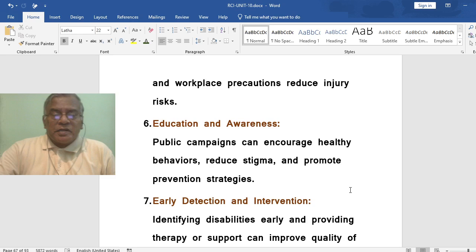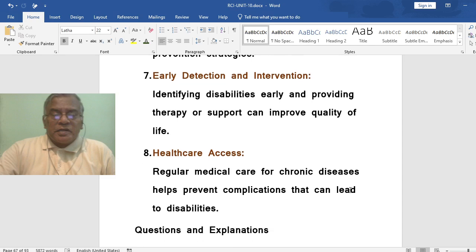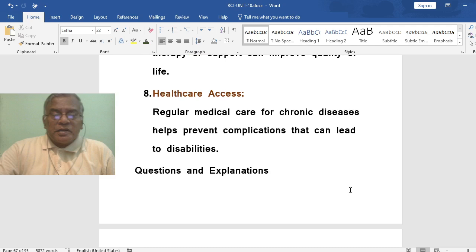Public campaigns can encourage healthy behaviors, reduce stigma, and promote prevention strategies. Then early detection and intervention. Identifying disabilities early and providing therapy or support can improve quality of life. Then healthcare access. Regular medical care for chronic diseases, that means continuously suffering from some disease, helps prevent the complications that can lead to disabilities.